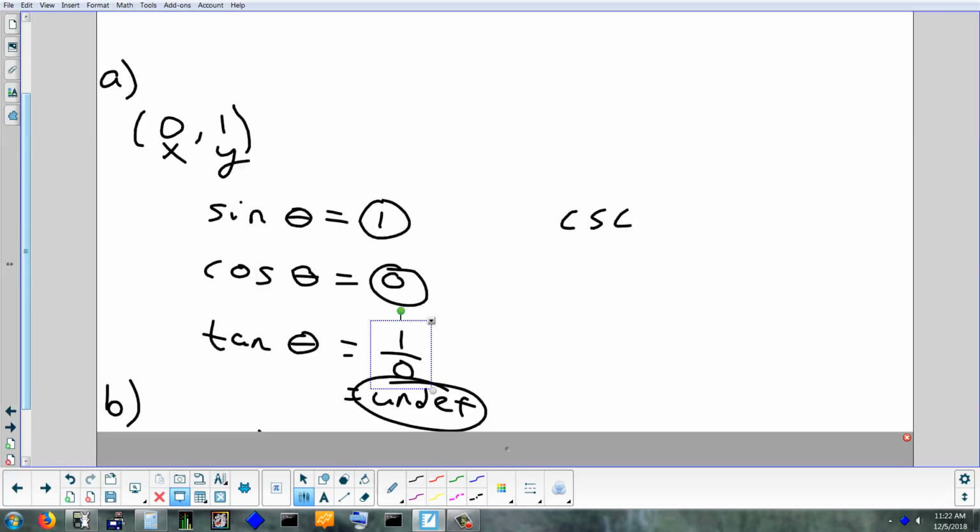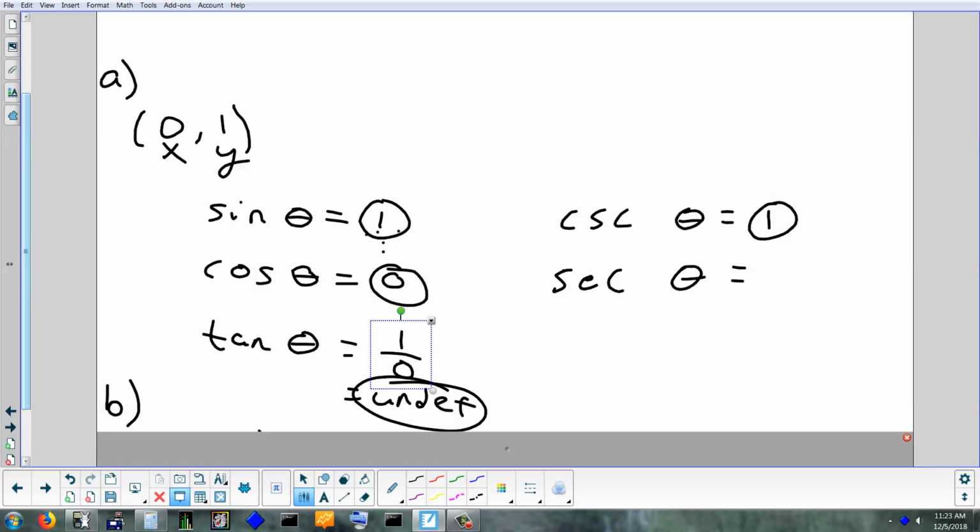They can't use the first 3 letters to abbreviate that one because they already use COS somewhere else, so they just do the syllable, cosecant. What's the cosecant? 1 over y. Well, y is 1. So if you flip it, pretend like it's 1 over 1, it stays the same. What's the next function? Secant.